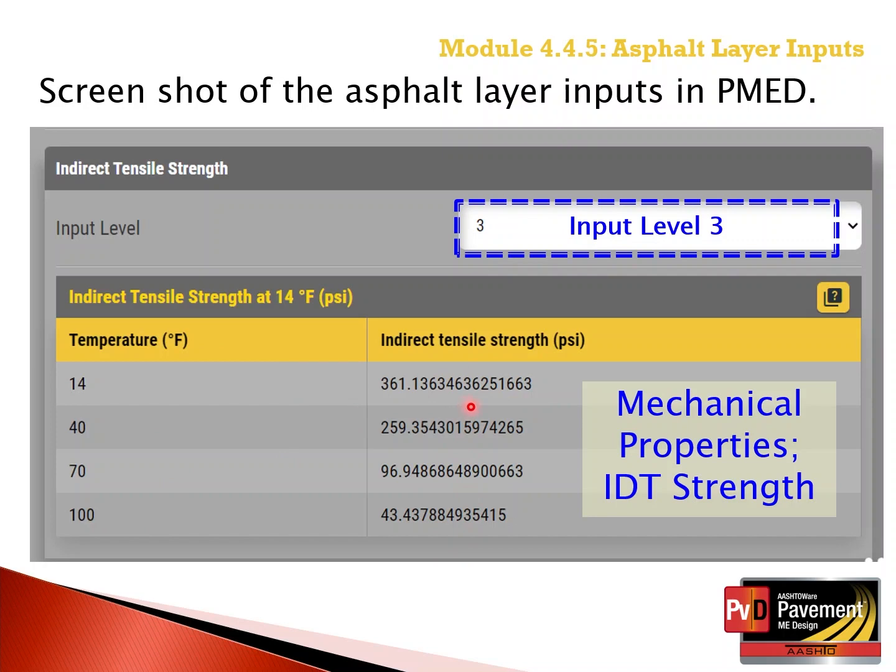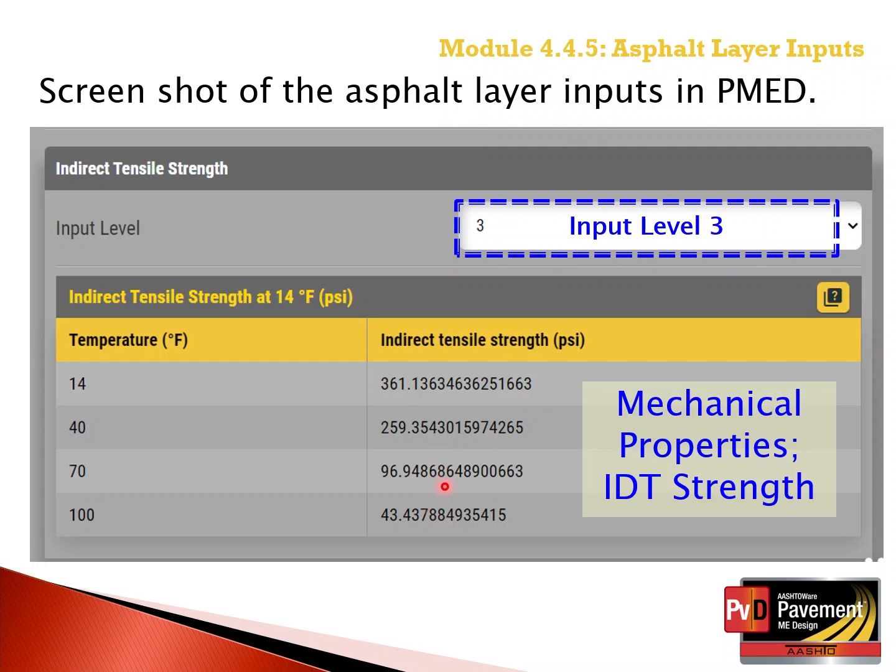For the indirect tensile strength input level 2, the indirect tensile strength is measured in accordance with AASHTO T322, but at only 14 degrees Fahrenheit. The indirect tensile strengths are then automatically populated with the calculated values from the regression equation included in the software.